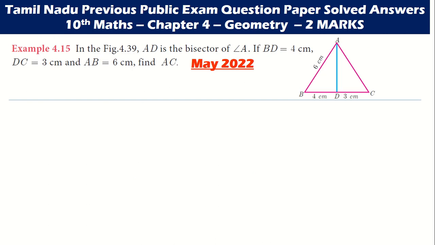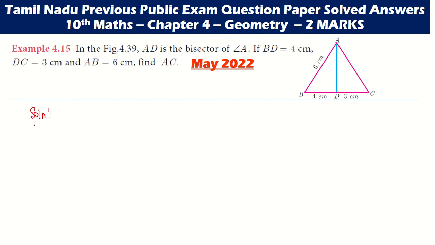In figure 4.39, AD is the bisector of angle A. If BD is equal to 4 centimeter, DC is equal to 3 centimeter, and AB is equal to 6 centimeter, find AC.